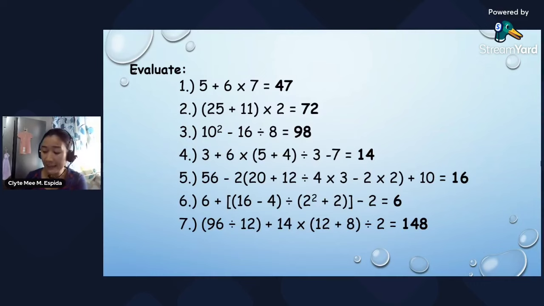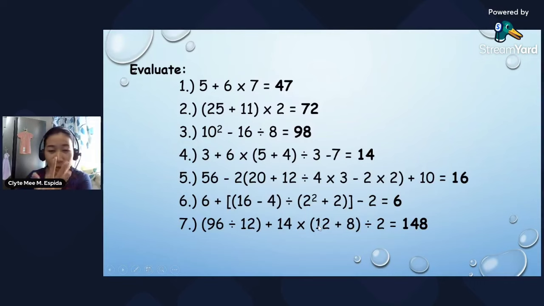So you will have 8 plus 14 times 20 divide 2. So uunahin natin si 14 times 20. 14 times 20 is 240. 240 divide 2.